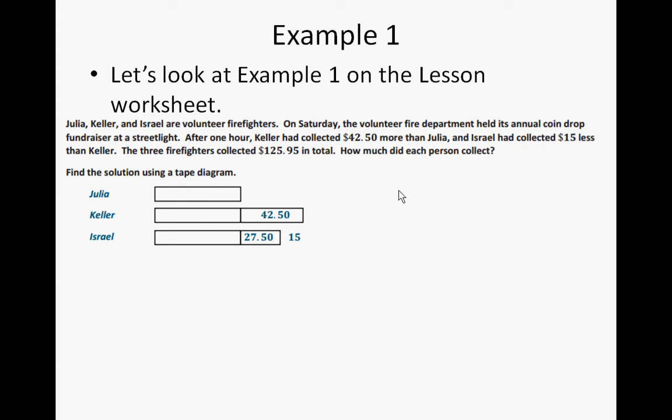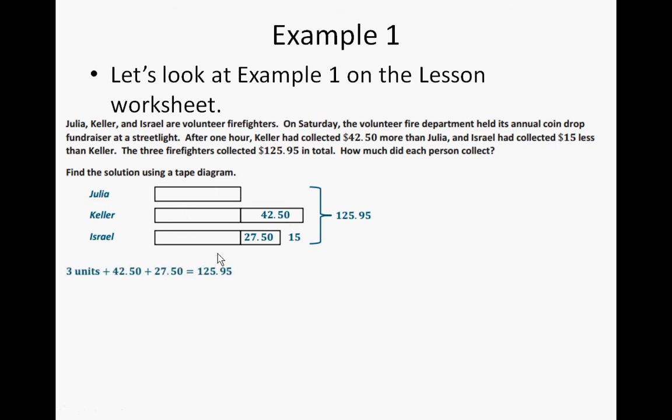And then Israel, it is described that Israel collected $15 less than Keller. So that means that it's $42.50 minus $15, which leaves us with $27.50. So in total, all 3 of them collected $125.95. And so here's our tape diagram to model this.